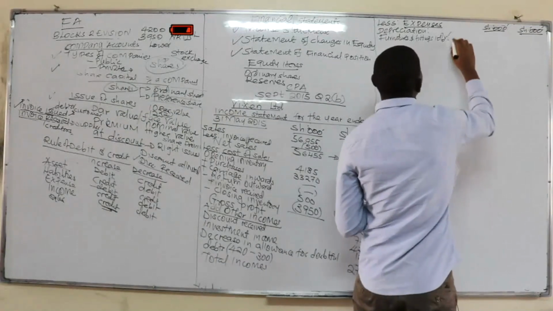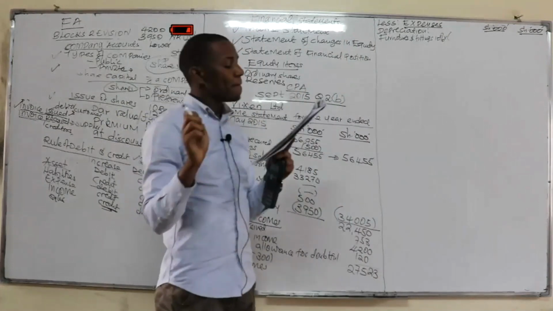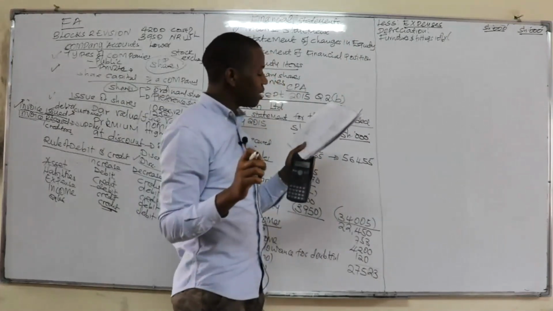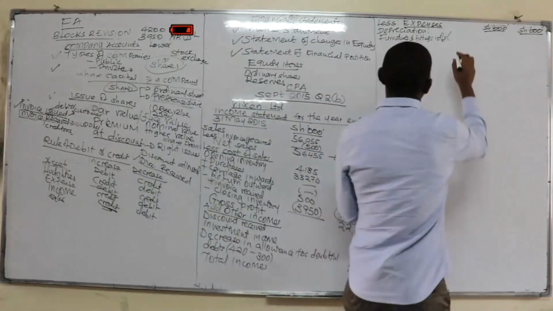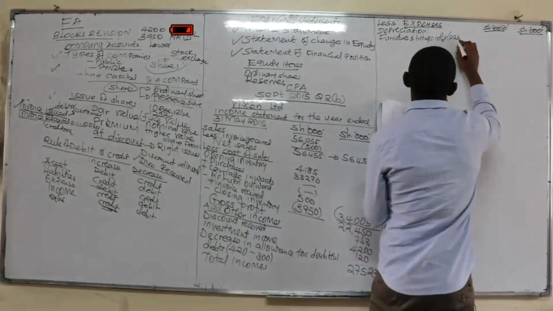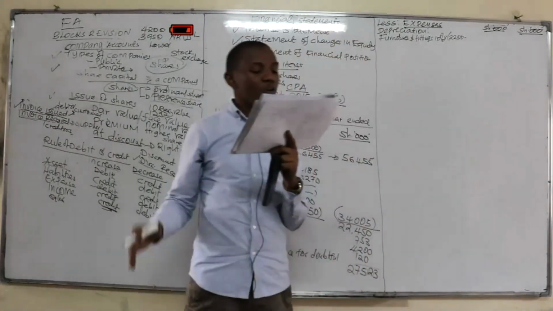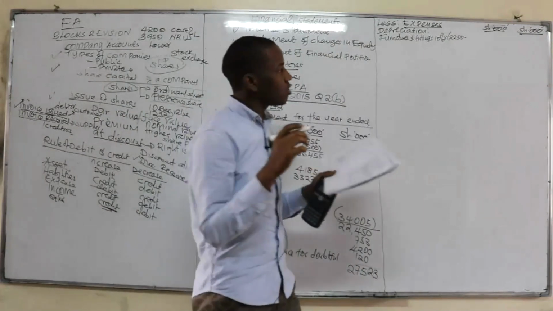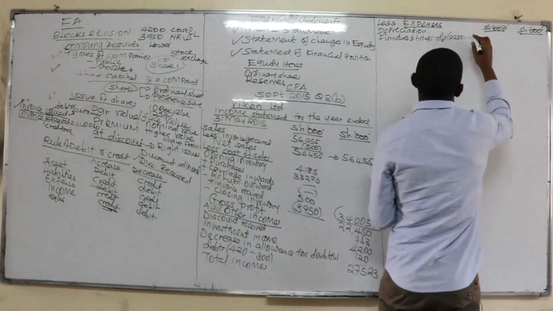I look for the net book value, and net book value is just the cost minus the accumulated depreciation. So the cost of furnitures and fittings is 2250. But the accumulated depreciation is also the provision for depreciation, which in that case we've been given as how much? 450.